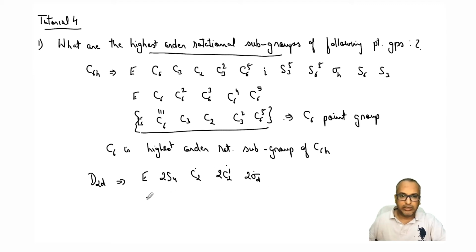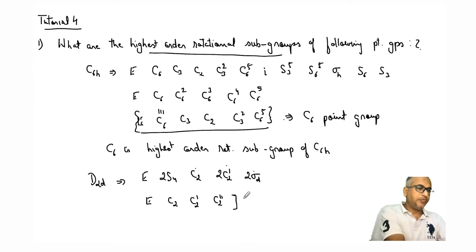So the rotational subgroup will be E, C2, C2 prime, and we can call it a C2 double prime, or we can call it two C2s here. So basically, three C2s which are perpendicular to each other. That is our subset. Now, does this subset belong to a particular point group or not? We have to identify. So if we look, yes, it does belong to. So the point group is D2 here.